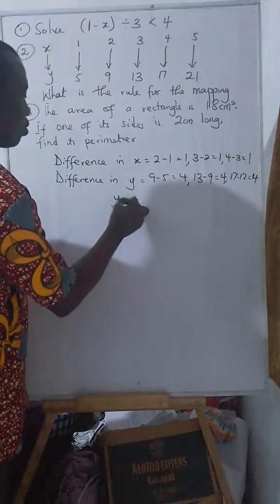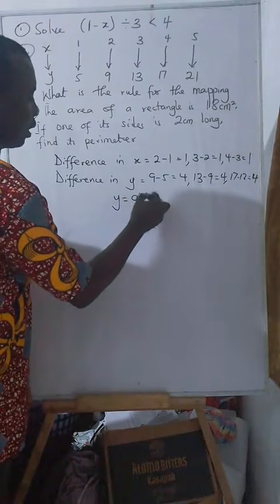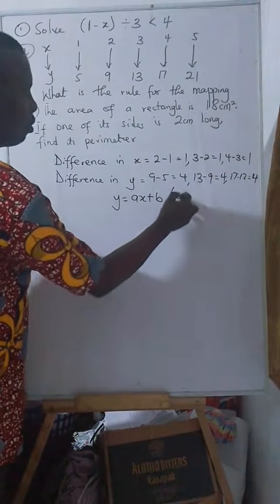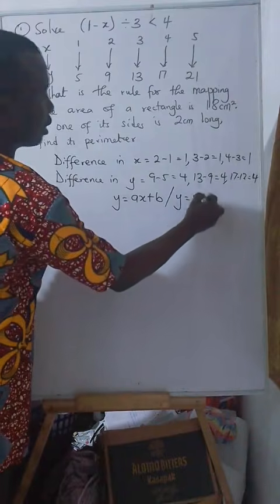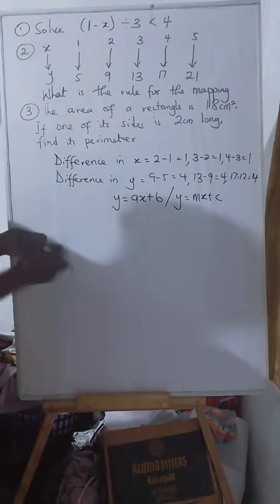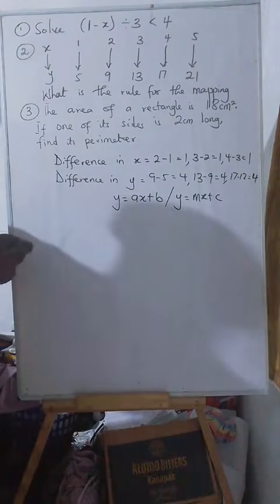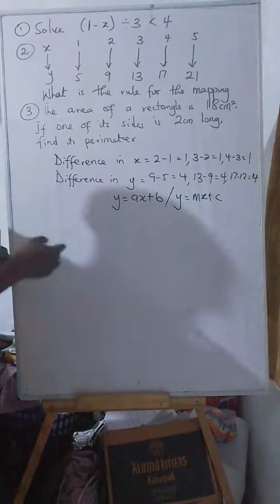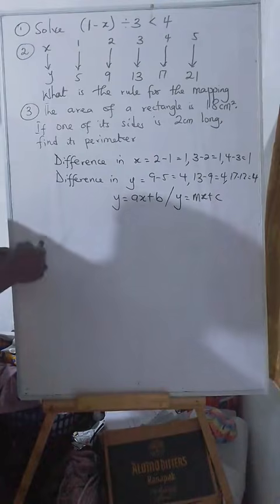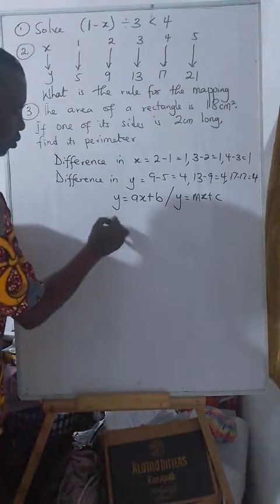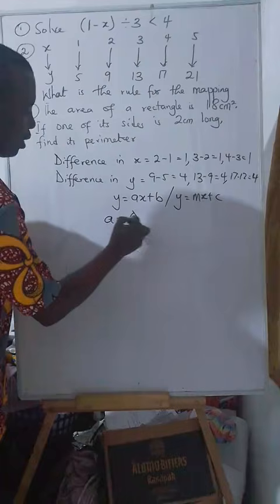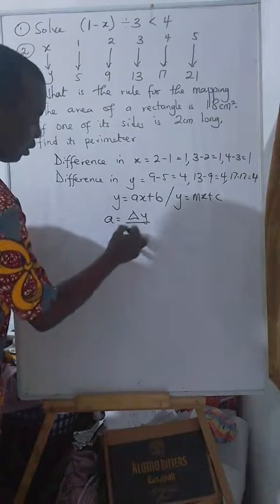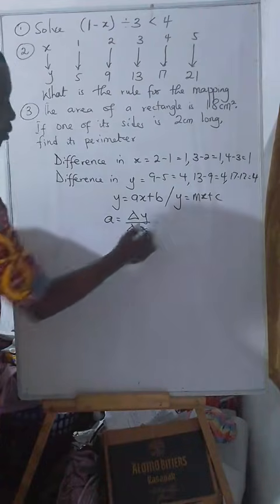So y equals ax plus b, or you can also use y is equal to mx plus c, where a is the difference in y on difference in x.